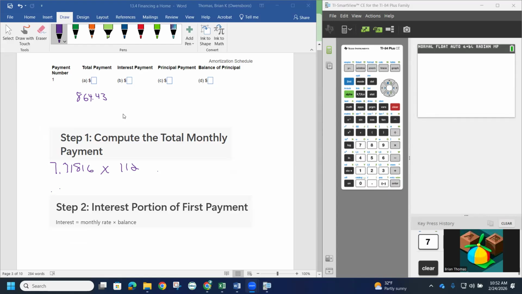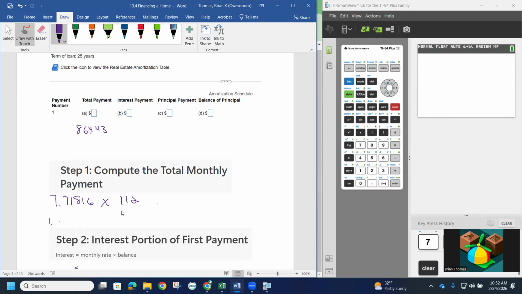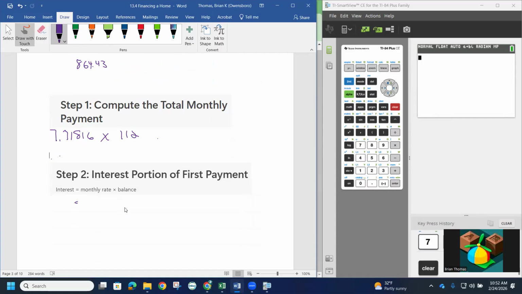But now we have to figure out how much of this payment goes towards interest. We have to multiply our monthly rate. 8% was our yearly rate, but we're doing it by month, so we have to divide 8% by 12. So 0.08 divided by 12 gives me my monthly interest rate. And I multiply it by the balance.